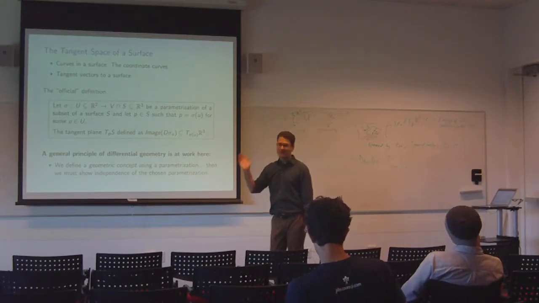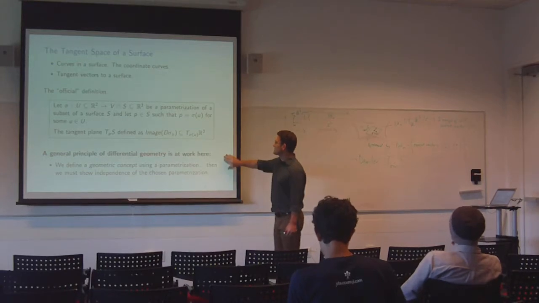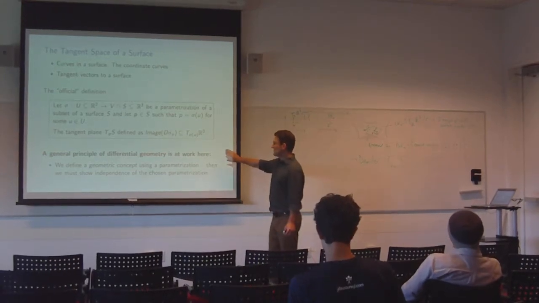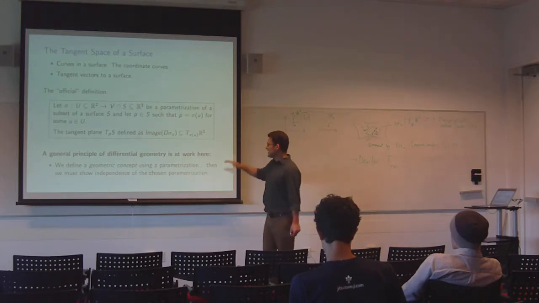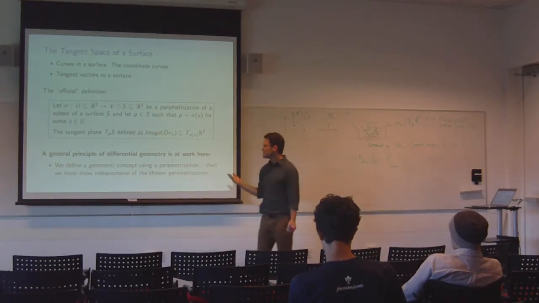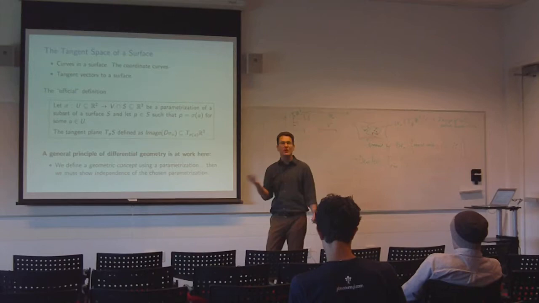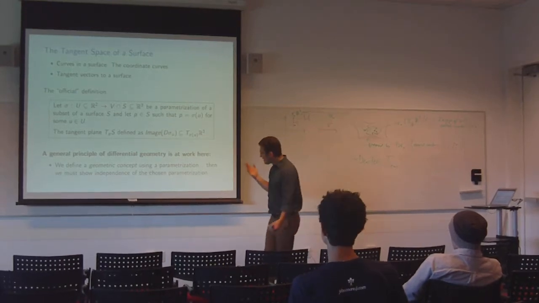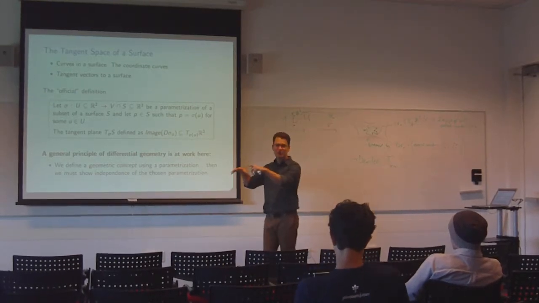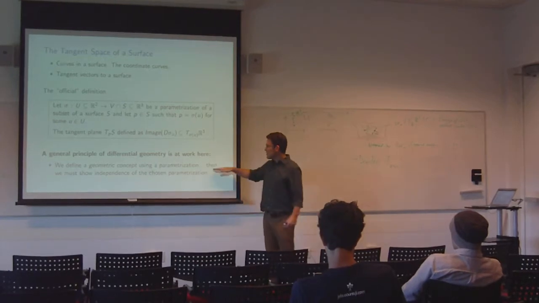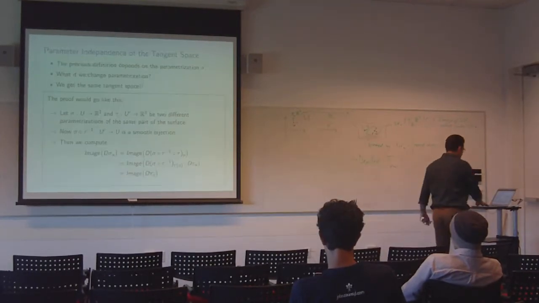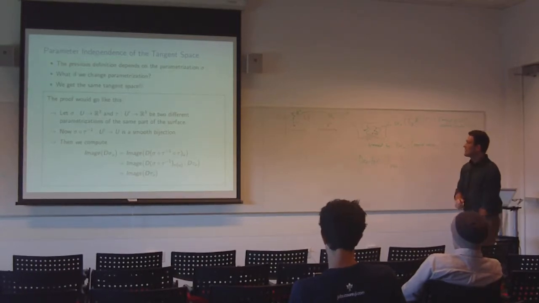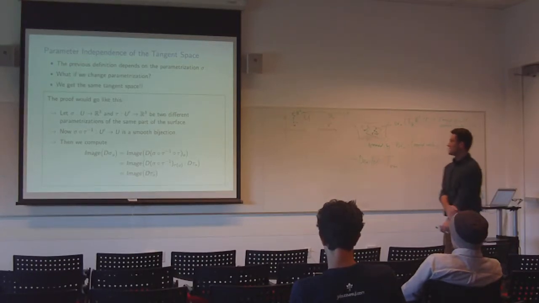But there's a general principle of differential geometry: you have to define some geometric concept using a parameterization. There's no way around it. But then, to establish it rigorously, you have to show that whatever you define is independent of that parameterization. That brings us to the parameter independence of the tangent space.